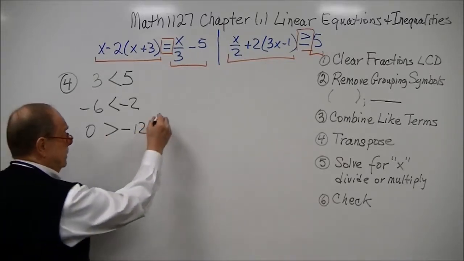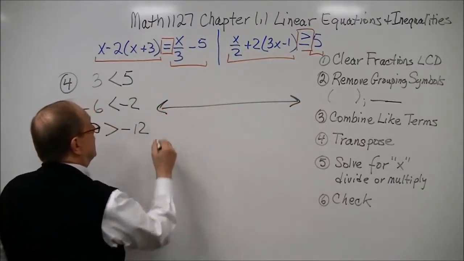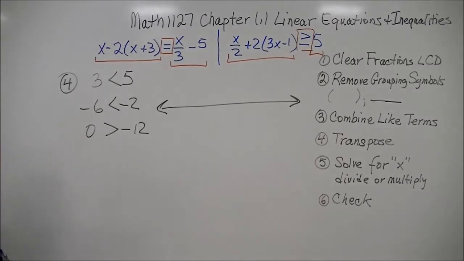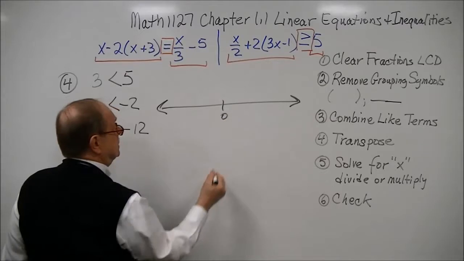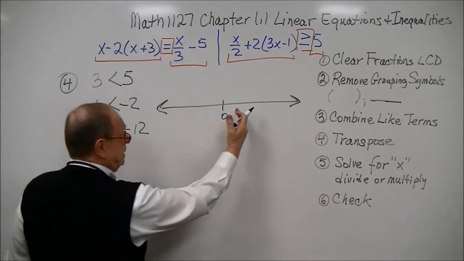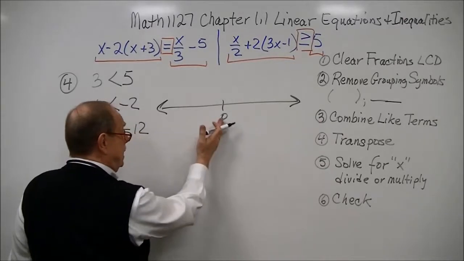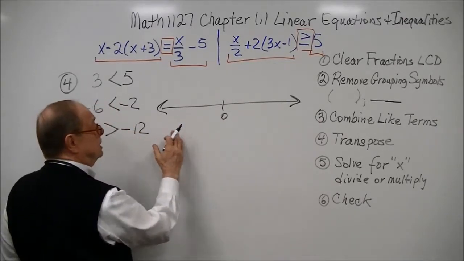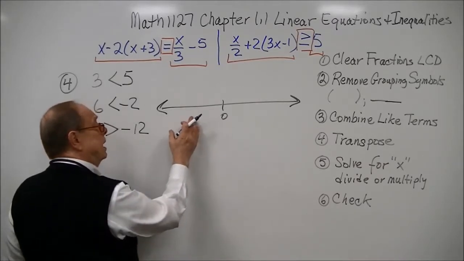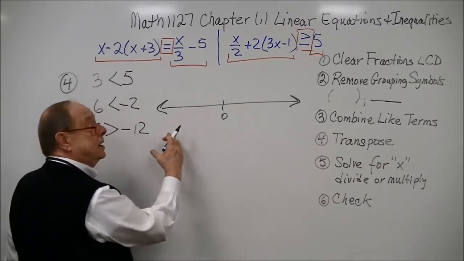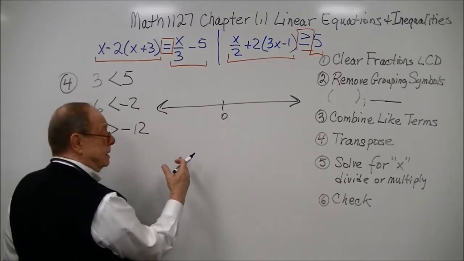Now, to really understand this, you need what is called a number line. And on this number line, you might recall that in the middle is 0, and then anything to the right of 0 is a positive number. Anything to the left of 0 is a negative number. So anything on the number line that is to the left of something is less than.